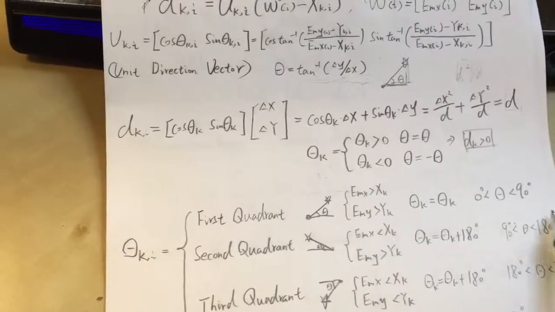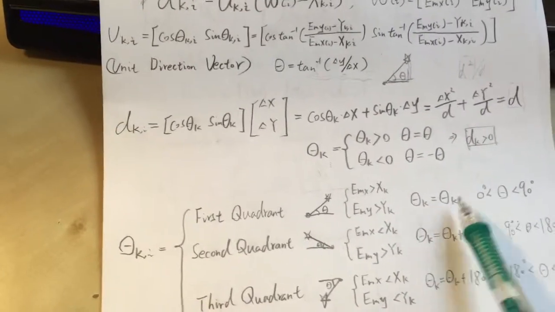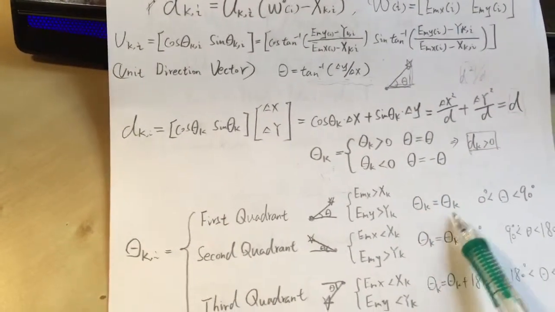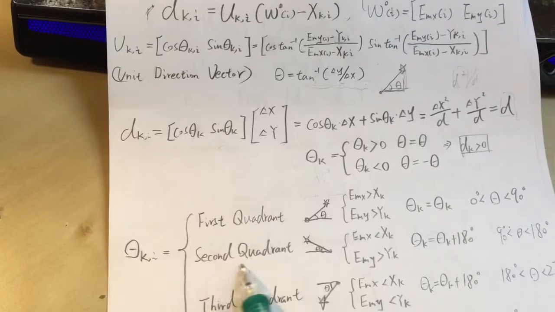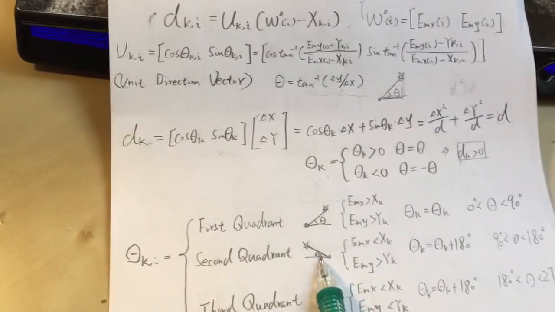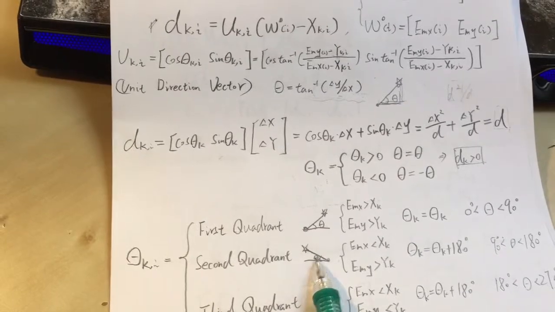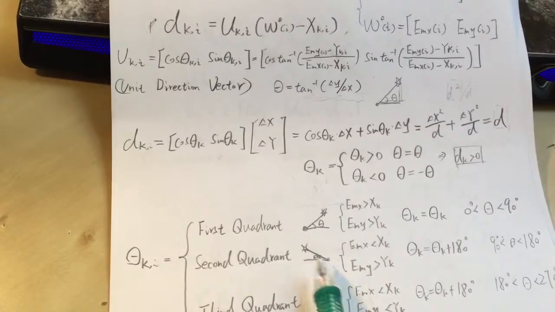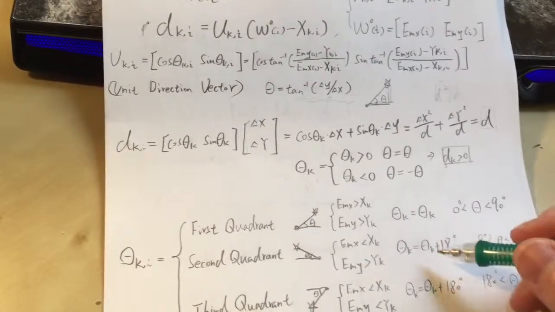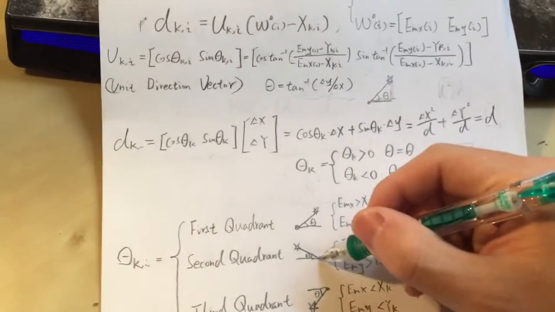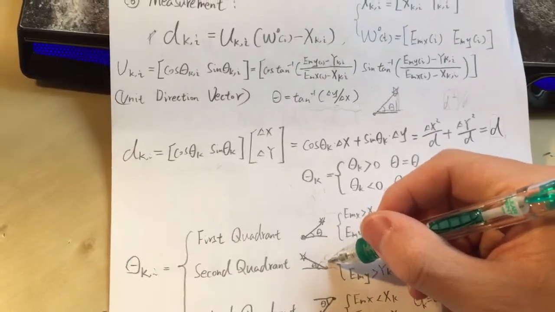It will be fine, so theta equals theta using the inverse tangent. On the second quadrant, here's the theta, we will get minus theta if we're using the inverse tangent. So we add 180 degrees, and we will get this angle.